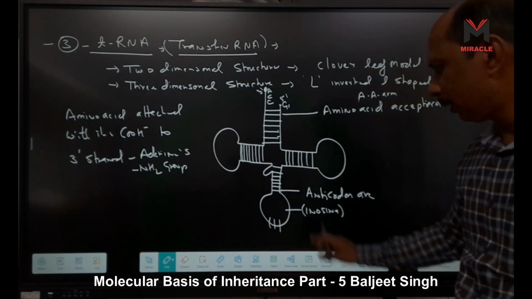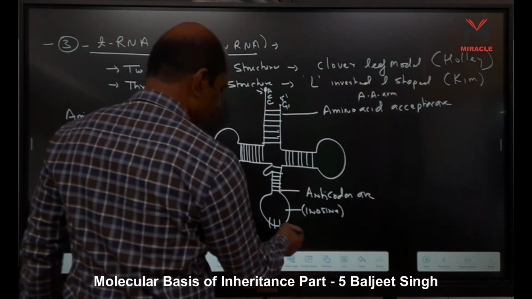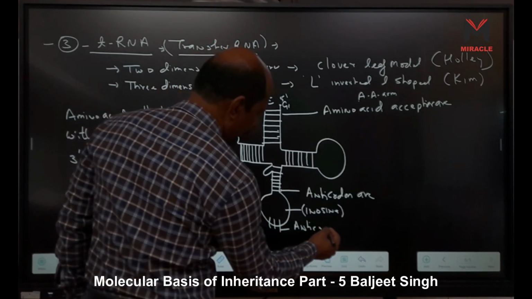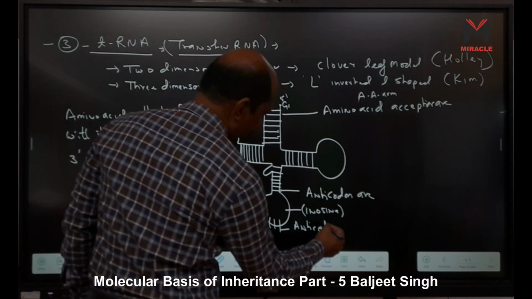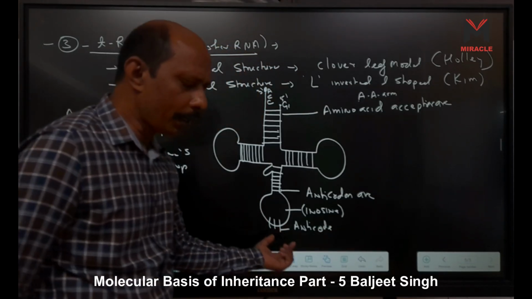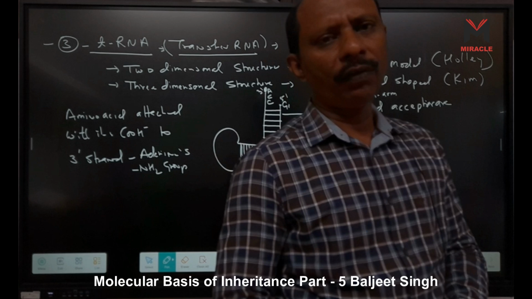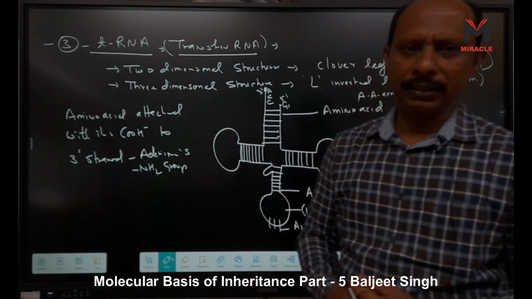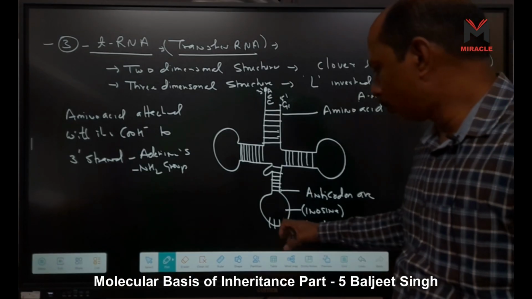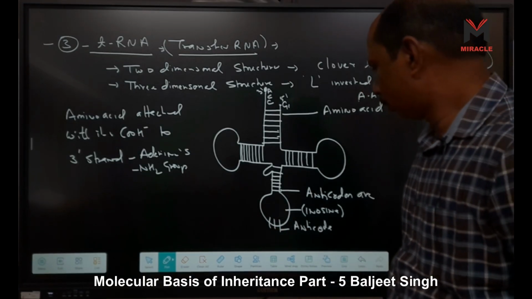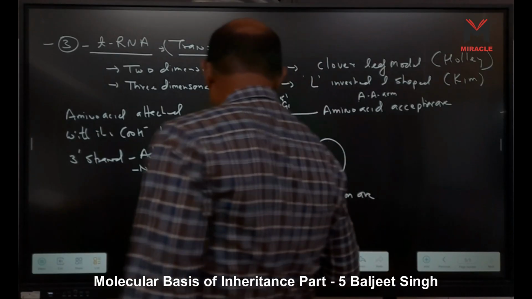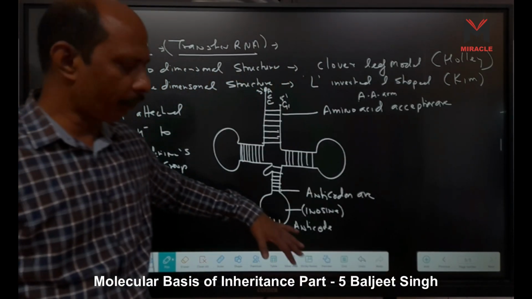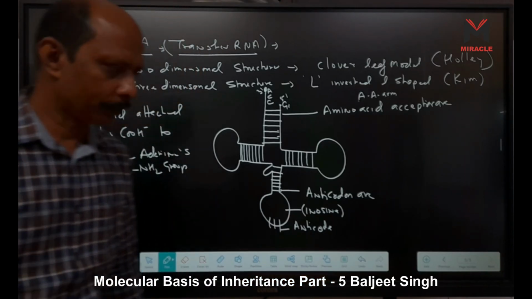Here inosine is there, and these three codes are called anticodons. According to this anticodon, we have 20 different types of transfer RNA for 20 different types of amino acids. These anticodons are responsible for recognizing or identifying the messenger RNAs.